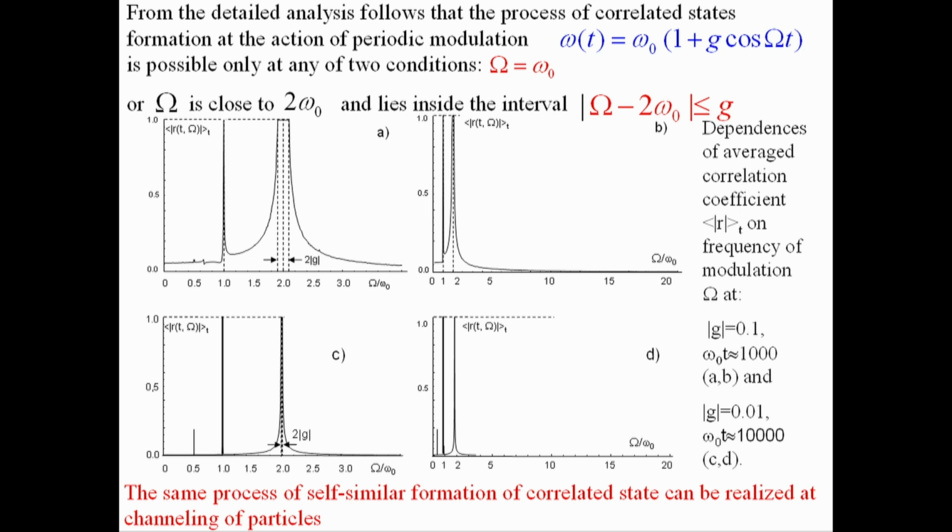The main resonance is very narrow, and this one is very wide, equal to the coefficient of relative modulation of the potential well. At any other frequency, such a correlated state is not formed. It is very important also.